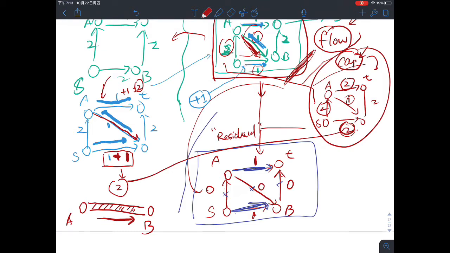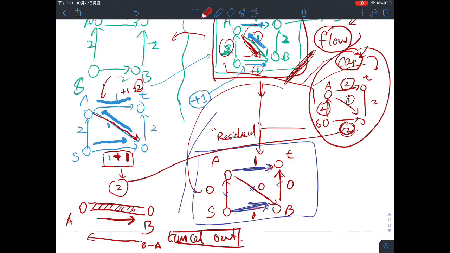When I want to push 1 unit of flow from B to A, that really means I want to cancel out what's already existing there. Physically, imagine that if I'm pushing 1 gallon of water from A to B, at the same time I'm also pushing 1 gallon of water from B to A.